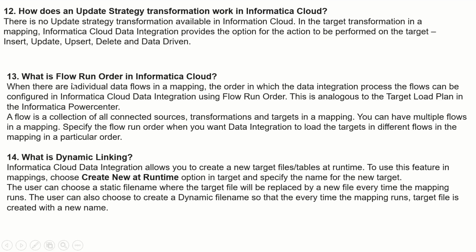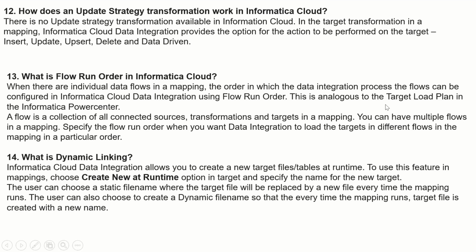So the 13th question, what is flow run order in Informatica Cloud? When there are individual data flows in a mapping, the order in which data integration processes the flows can be configured in Informatica Cloud data integration using flow run order.